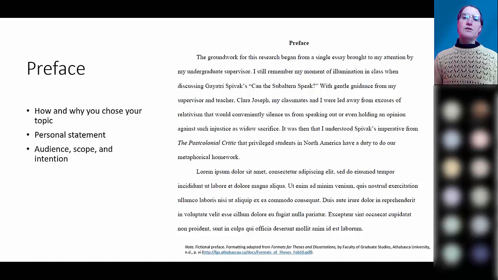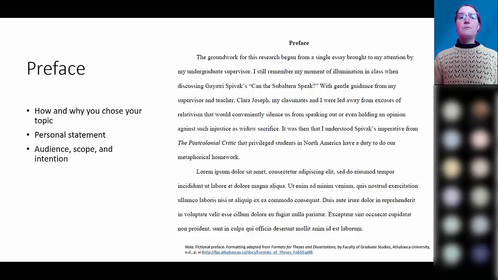The preface is optional. Though a preface is not always or even usually included in a literature review, HART actually recommends including one if it will give insight into how and why you chose your topic. A preface includes information that you would like to share with the reader, but doesn't have direct bearing on the research.